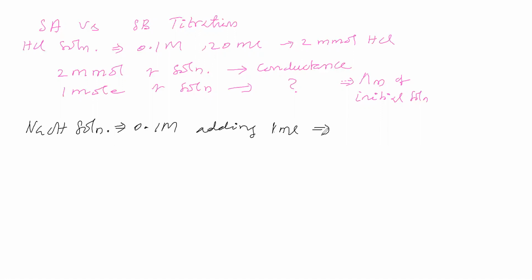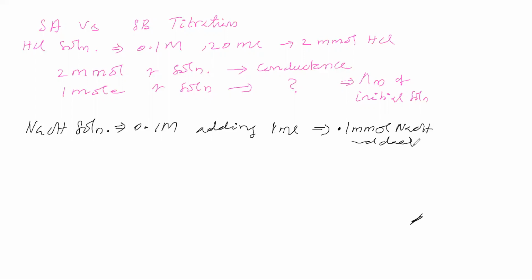If you multiply 1 ml and 0.1, we get 0.1 millimole. So 0.1 millimole of NaOH is added.